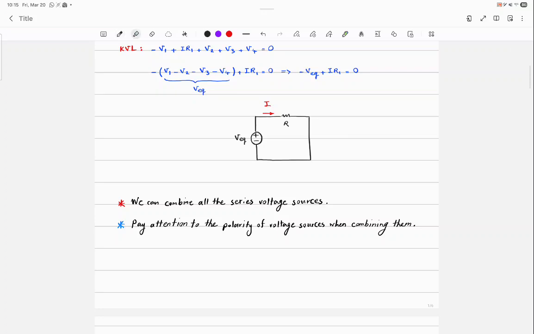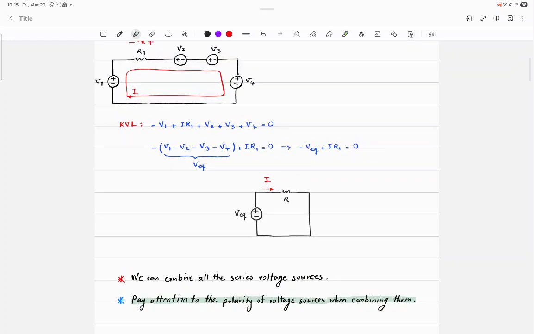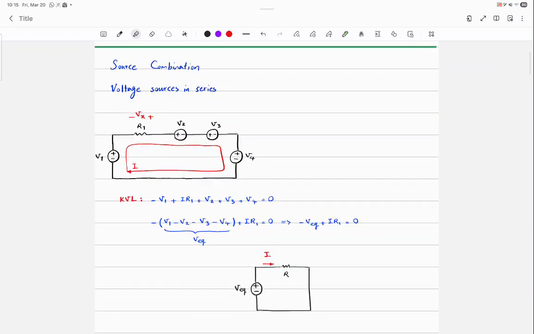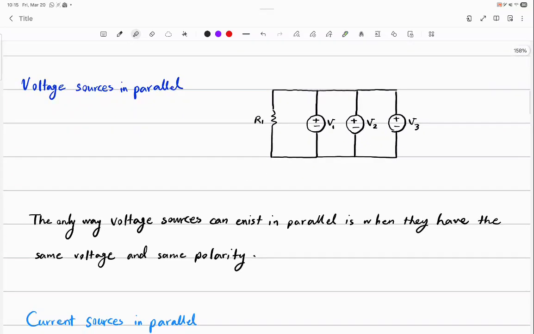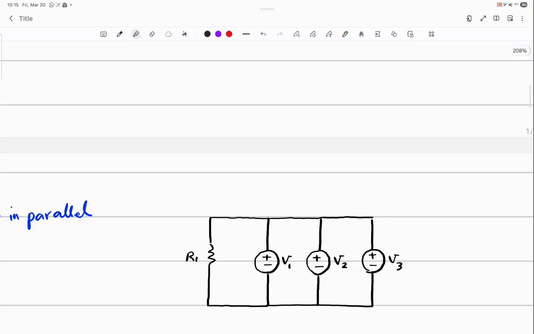So remember to pay attention to the polarity of voltage sources when combining them. If they are in series, we can easily combine voltage sources. Let's see what happens if they are in parallel.